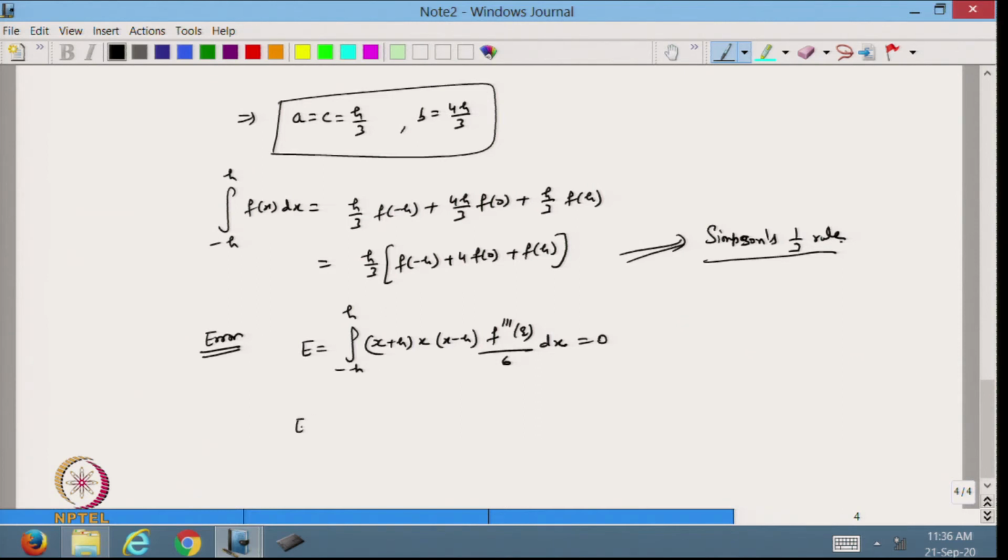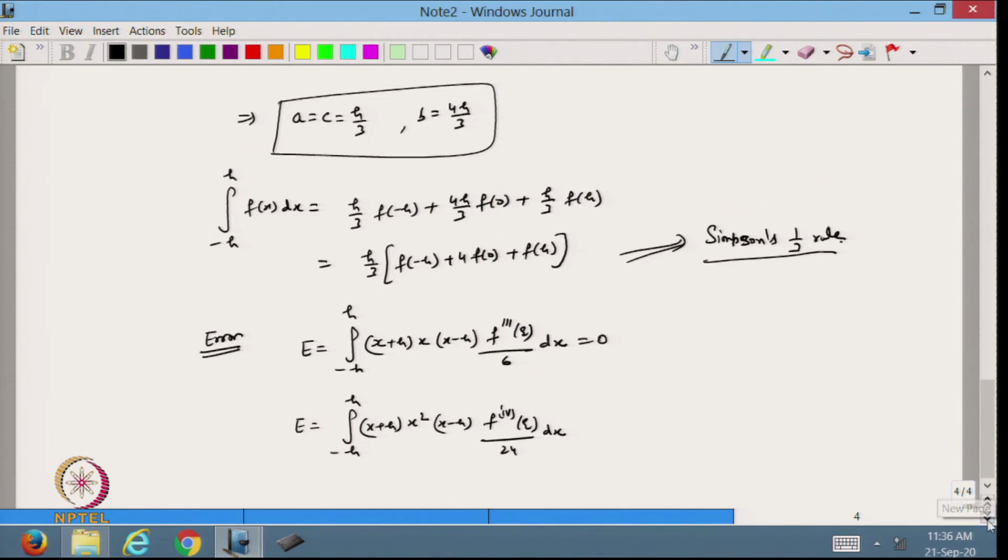So, in that case the error will be from minus h to h, x plus h into x square, into x minus h, and the fourth derivative by 24 dx. This one we can calculate. The first thing is that we can do the integration and find the result.